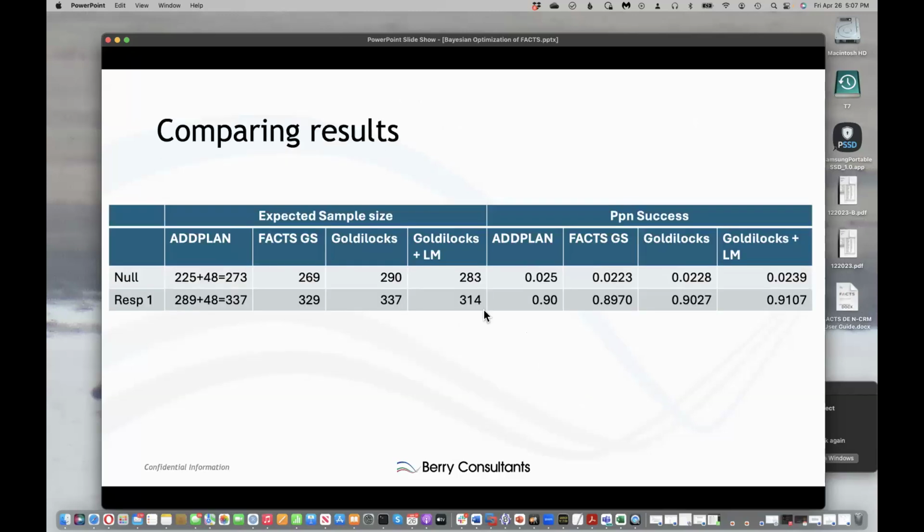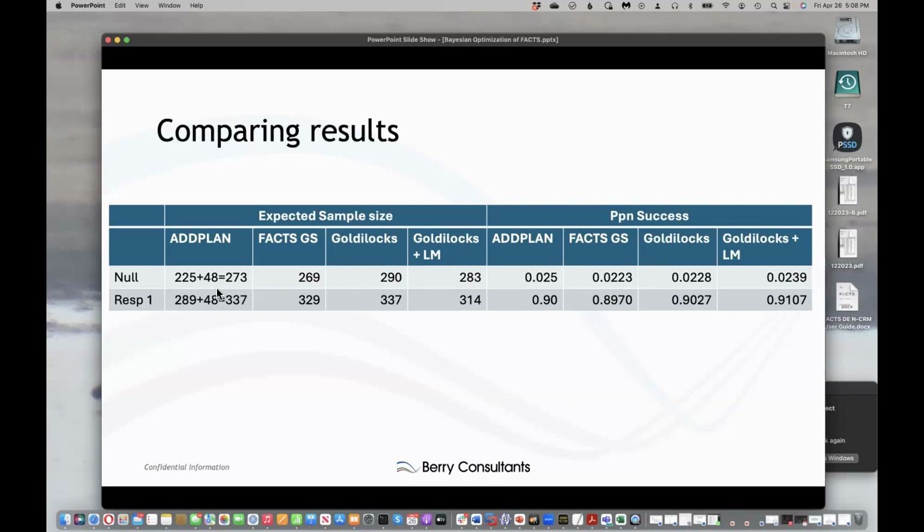Then, of course, we have to repeat the process because now they'll have different boundaries. So we go back into running 10,000 simulations with a longitudinal model. In informing the predicted probability estimates, we get some stopping criteria out of that. We plug those in, and now we have a Goldilocks with longitudinal model version.